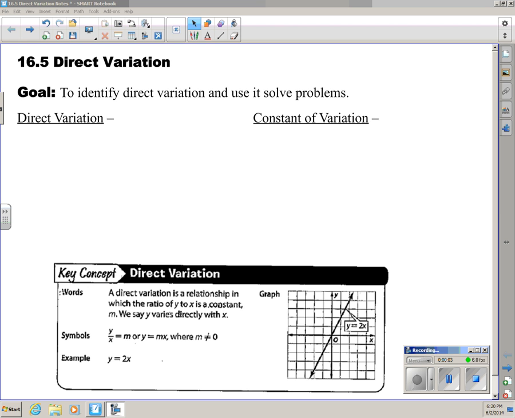This is unit 16.5, direct variation. This is similar to what you learned about direct variation when we learned about ratio, rates, and proportions.